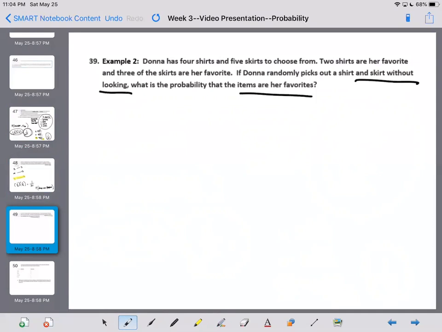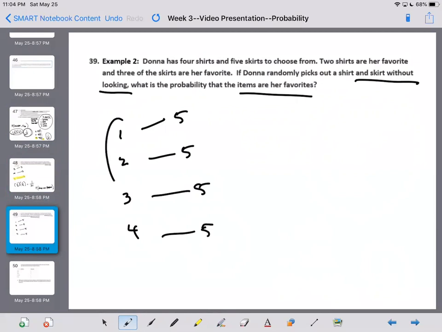Well, of the 4 shirts, and then she's got 5 skirts to choose from. We know that 2 of the 4, we say that maybe these 2.